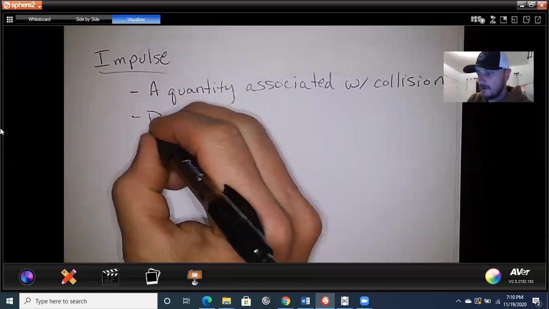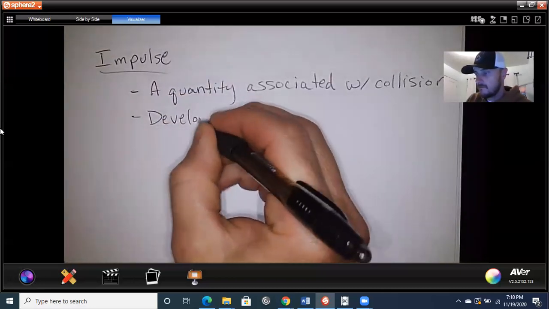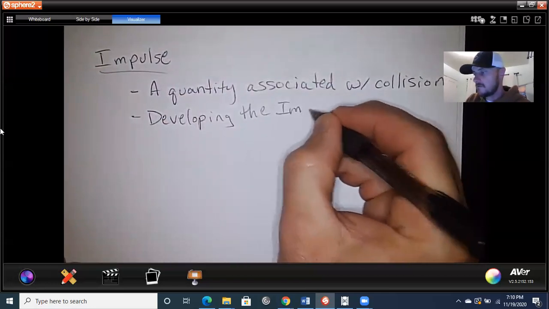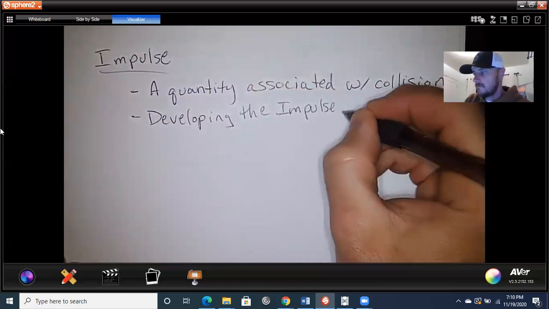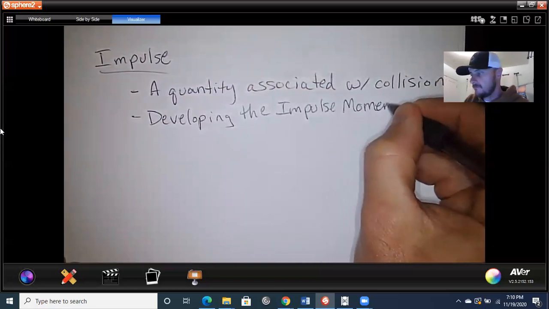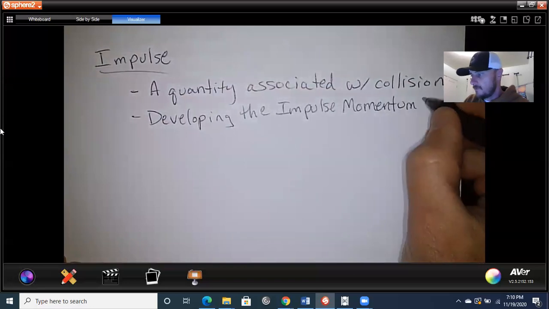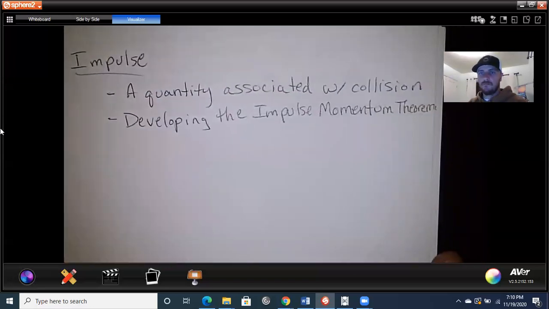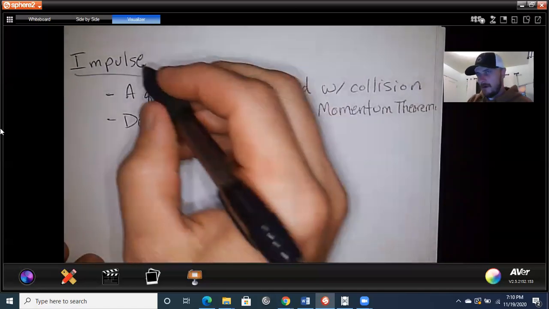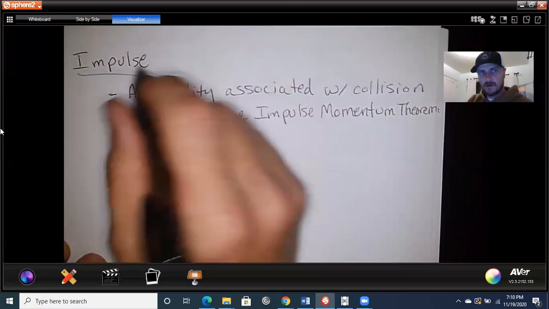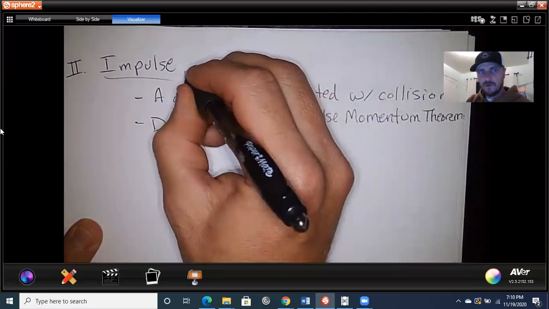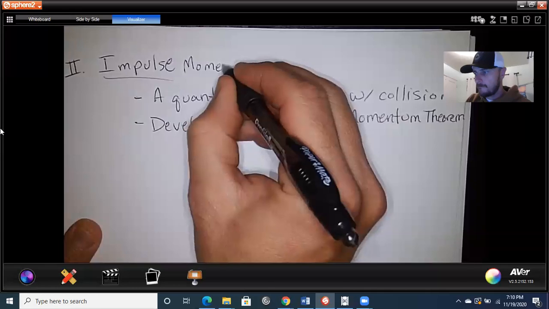So, developing the impulse momentum theorem. And right up here, in fact, I'm not just going to call this section impulse. I would call this Roman numeral 2. This will be the impulse momentum theorem.